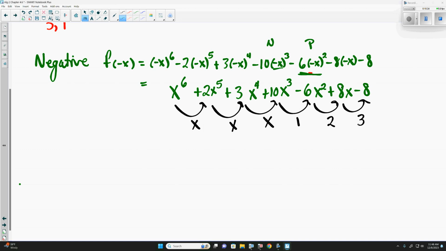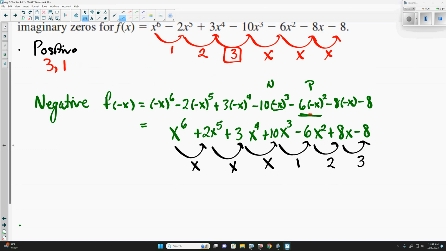So the number of possible negatives that we can have is 3. That's the most we can have, or less than it by an even amount. So 3 minus 2 is 1. So for this equation here, we could have 3 positives or 1. We could have 3 negatives or 1. Okay?